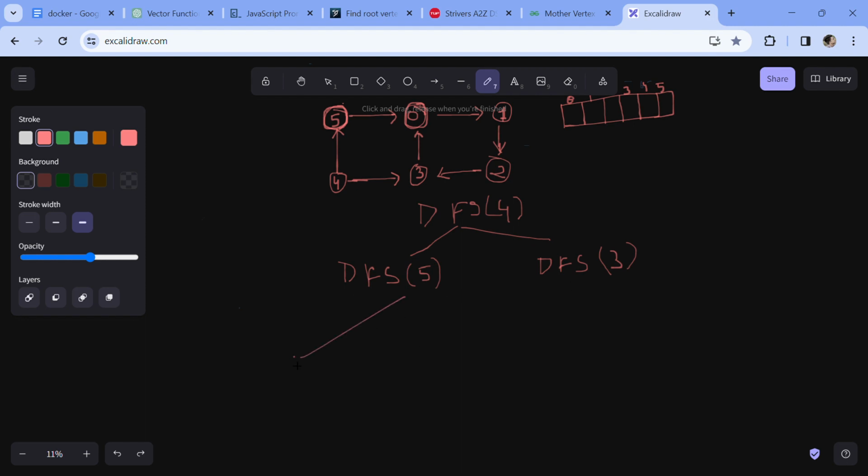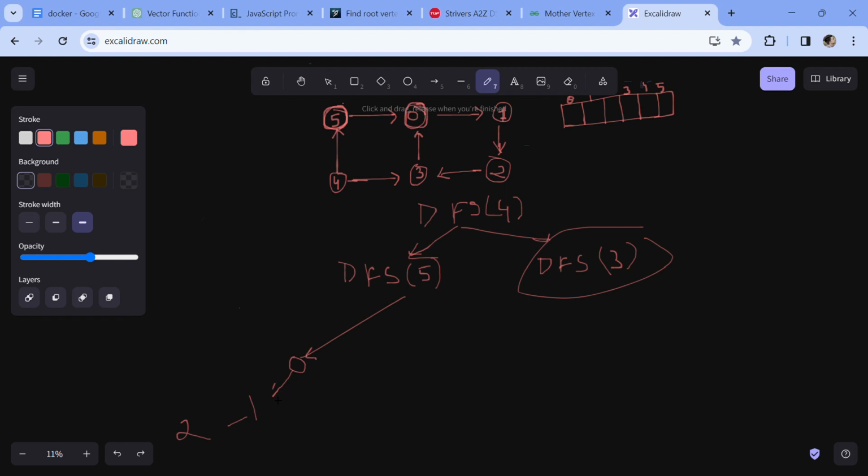And from node 5 we can go to node 0, and then 1, and then 2, and then 3. 3 will be already visited, so we don't have to explore it again.